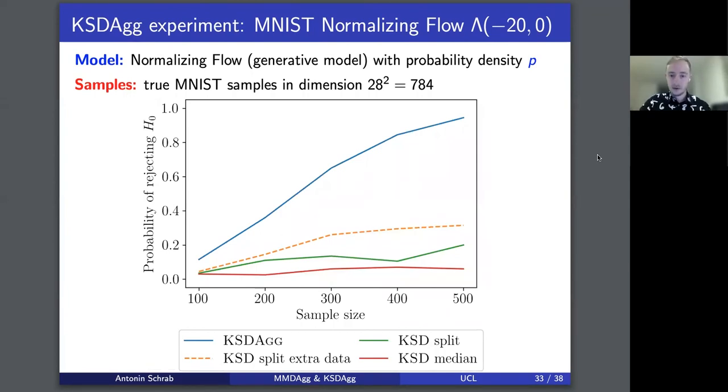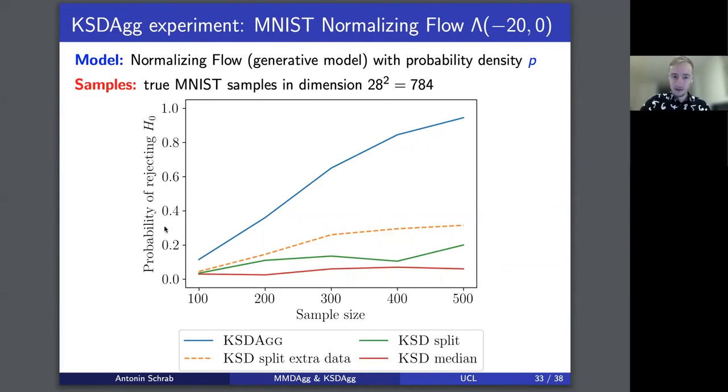We work with sample sizes 100 to 500, and we test the model normalizing flow, giving it true MNIST samples. It has to see if it's able to understand that the true MNIST samples are not drawn from the model. Here we see that our KSDAG test outperforms all the other tests by a lot.